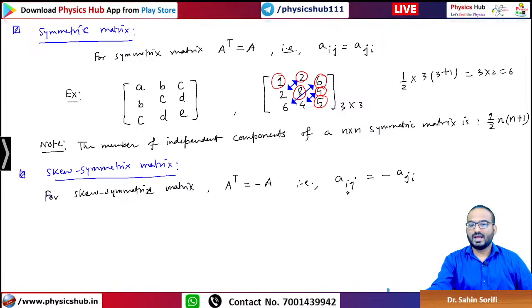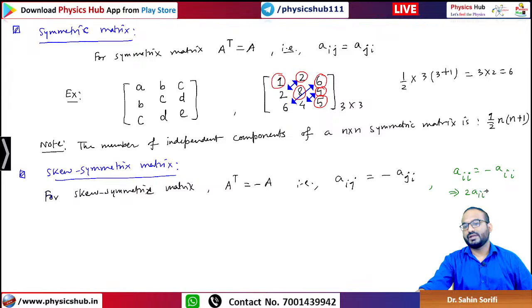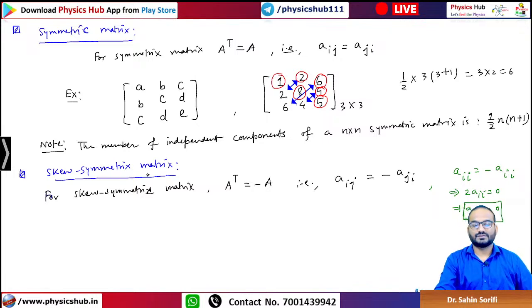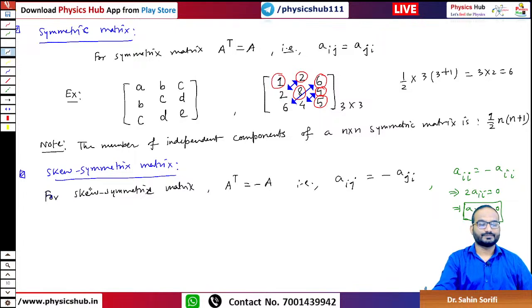If you consider the principal diagonal elements, denoted by Aii, then Aii is equal to minus Aii, so from this you get 2 Aii equals 0, and Aii equals 0. What does it mean? It means the principal diagonal elements of a skew-symmetric matrix will always be 0. This is a very interesting thing.